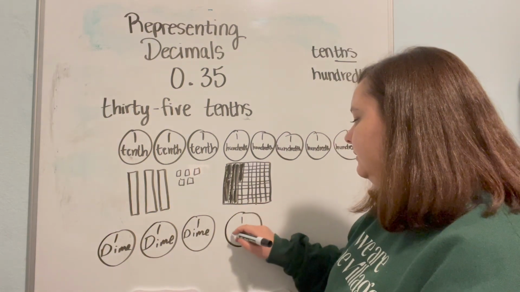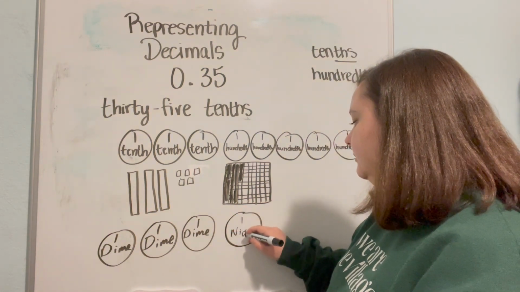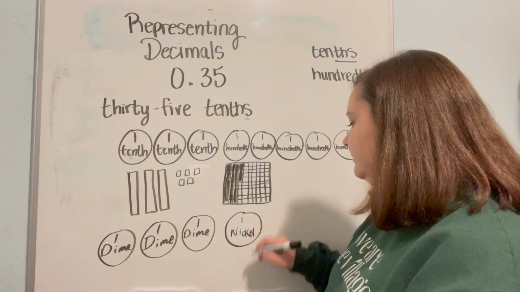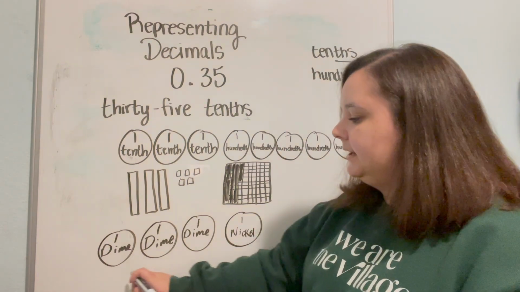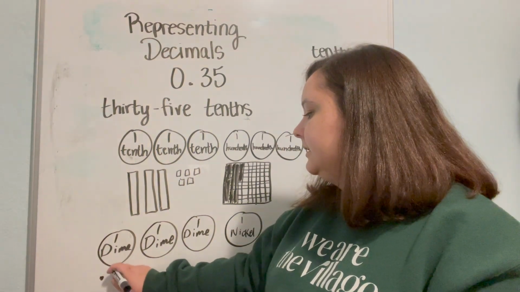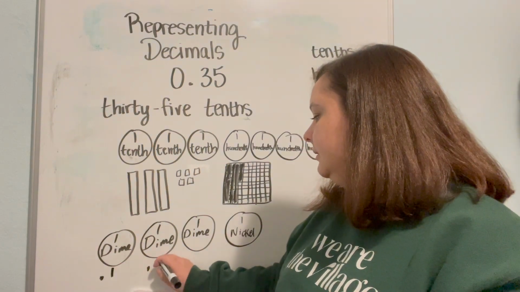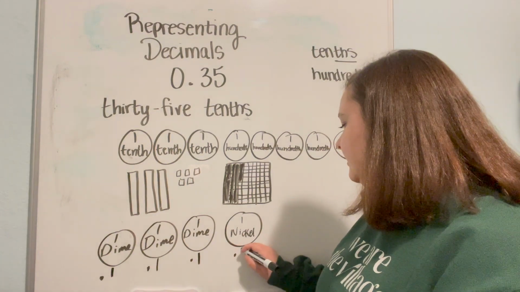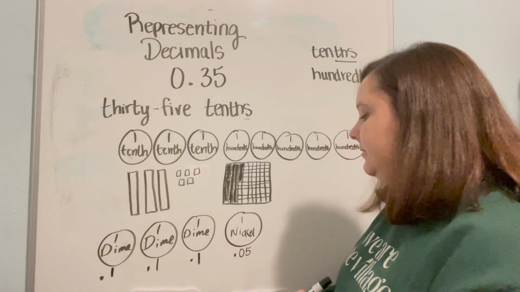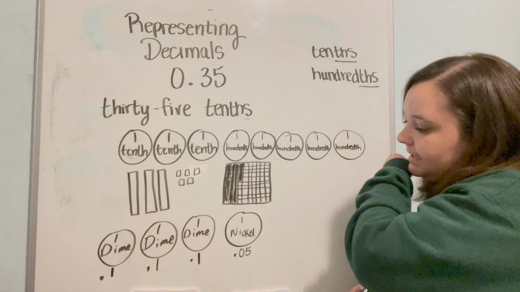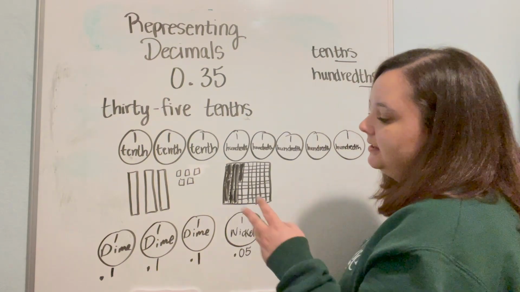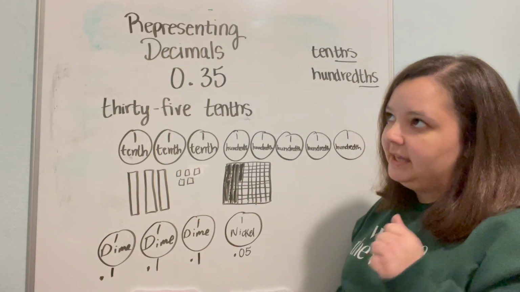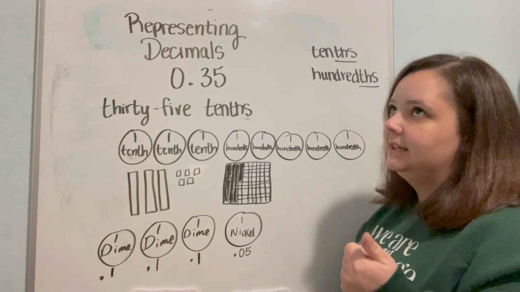So we have 1 nickel. So we have this is 1/10, 1/10, 1/10, and our 5 hundredths. Now, you could also do this using 3 dimes and 5 pennies, because 1 penny is equal to 1 hundredth.